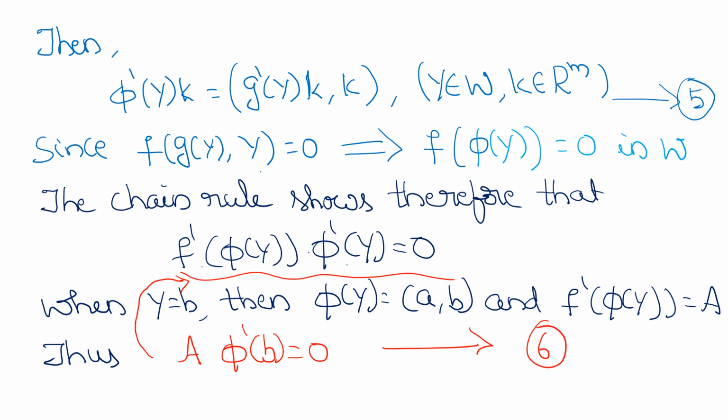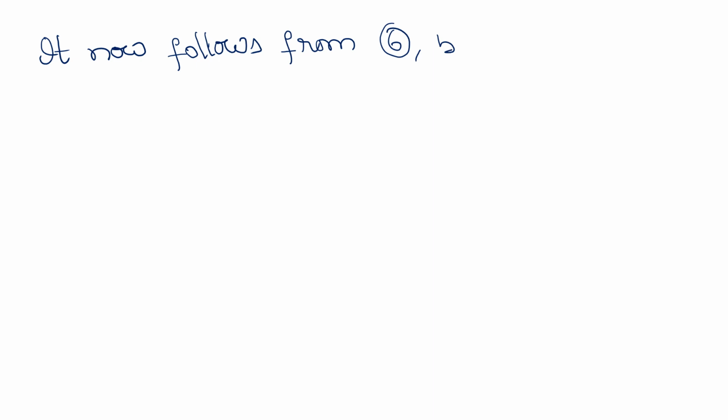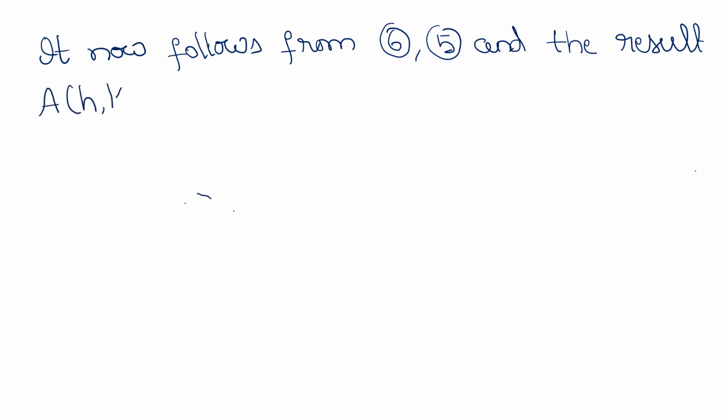So it now follows from 6, 5 and the result A(h, k), which we have seen when we were discussing the simple case of the implicit function theorem.